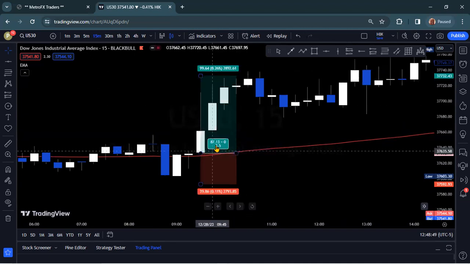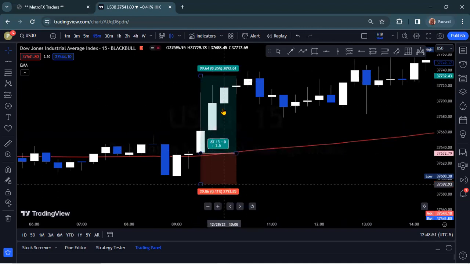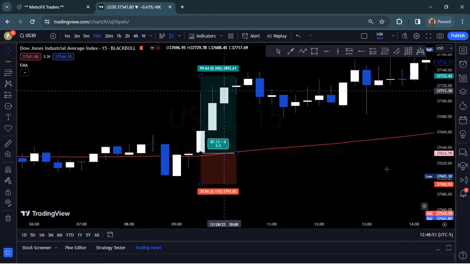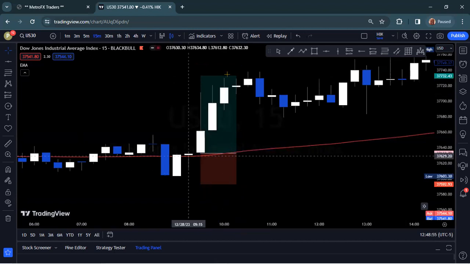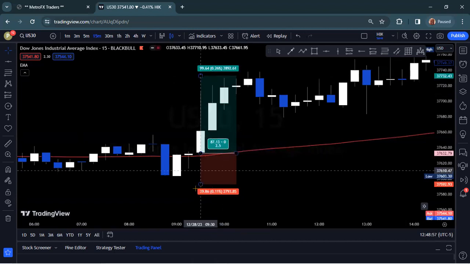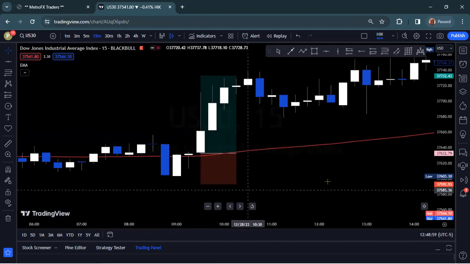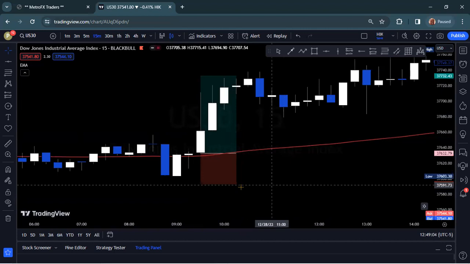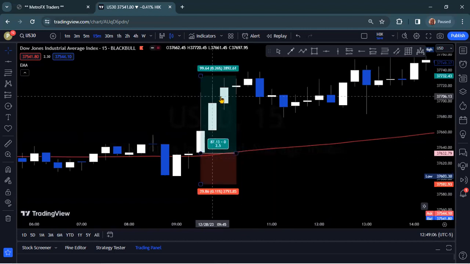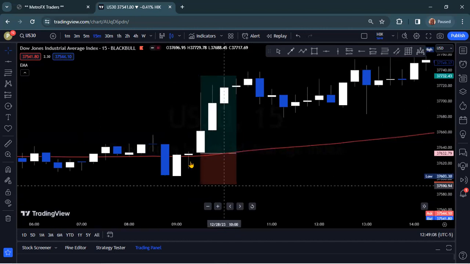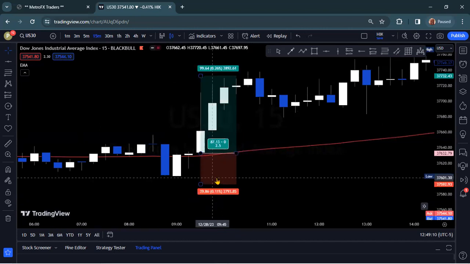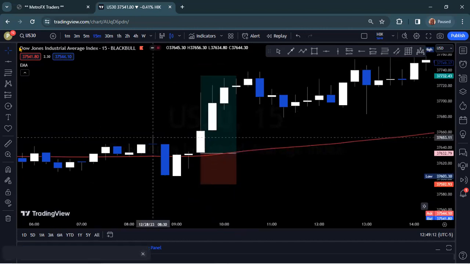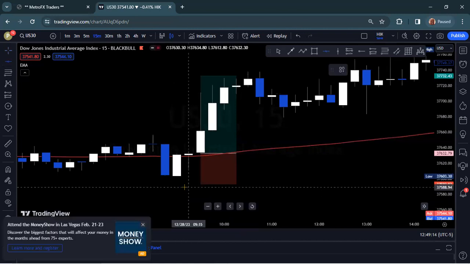Now you could take one position or you could take two positions, two orders, and say, okay, I'm going to profit on this one, and I'm going to let my second order just run with the market and see how close it'll come to my stop loss. Because right now you're in profit, but once you're in profit, you can go ahead and move your stop loss to break even.